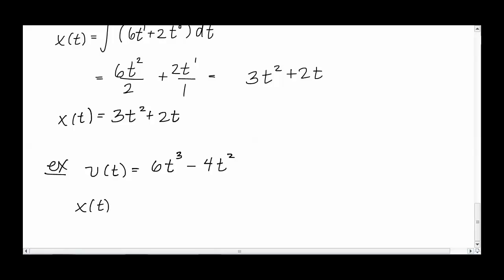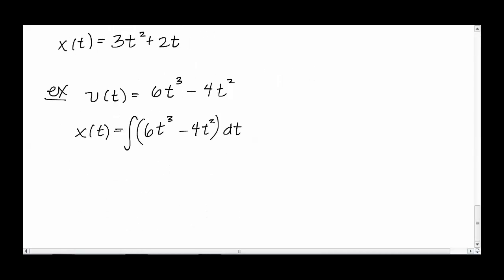Okay, so your position function with respect to time is the integral of our velocity function, that is 6t cubed minus 4t squared dt.